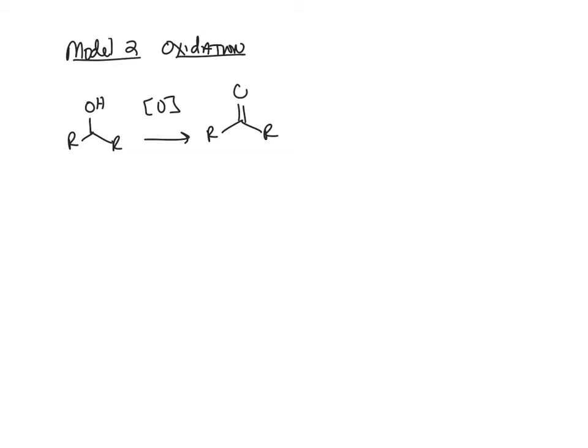Now we're doing model 2, and this is called oxidation. So now we're going to learn some oxidation reagents, and we're going to go the other pathway. So now we're going from an alcohol, and we're going to add an oxidizing reagent. So we're going to learn some new chemical reagents.